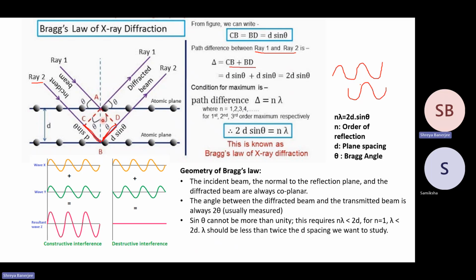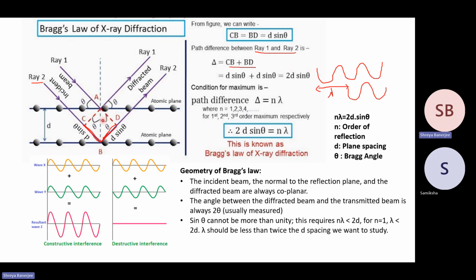So the path difference between these two waves is this distance, and this is lambda. Wavelength is basically the distance from one peak.